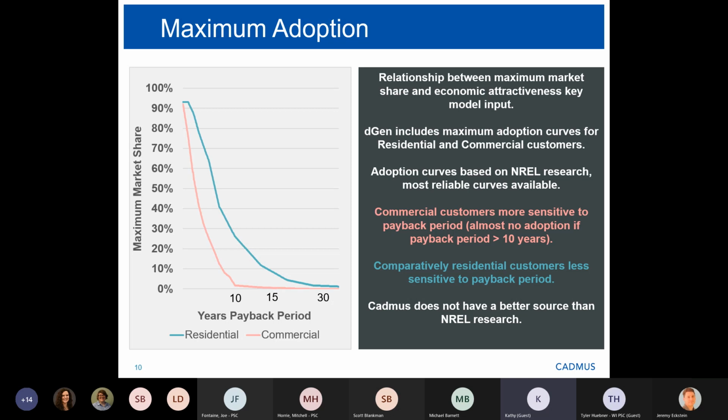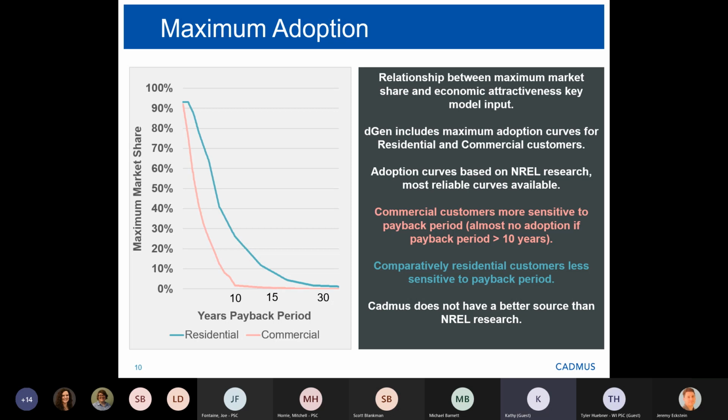On the efficiency side, the Cadmus approach is to think about what constrains adoption in terms of how fast things can happen. One of the things that's unique about PV is we're not constrained by a replace on failure or anything else really. We've seen solar installers go door to door in a neighborhood and sell dozens of systems in a day.